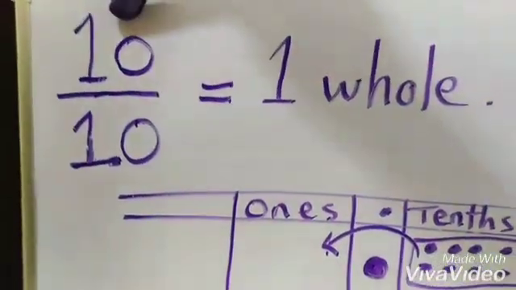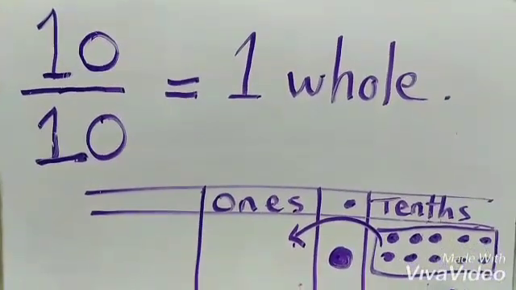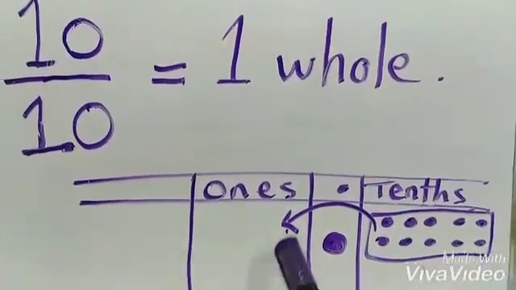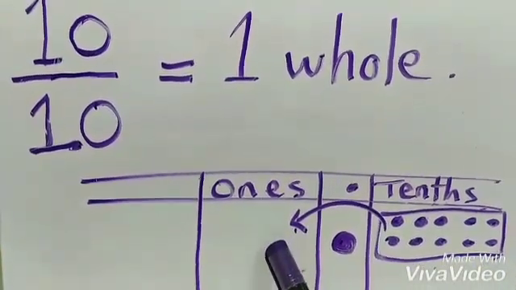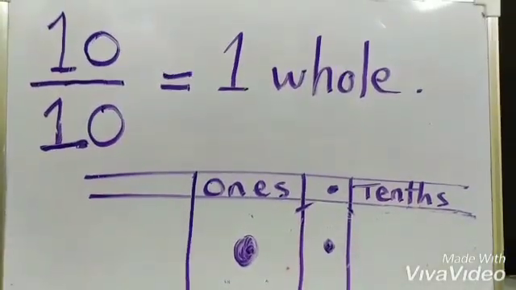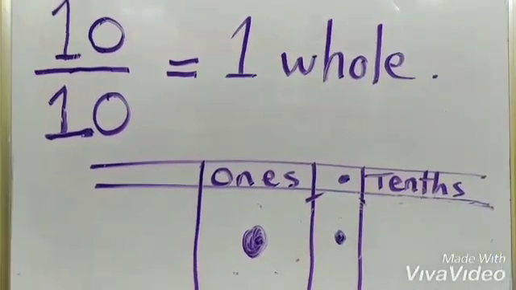And because 10/10 equals 1 whole, we can regroup the 10/10 to become 1 whole, or 1, and write it in the units or ones place. So 10/10 or 1 whole can be written as 1 unit.